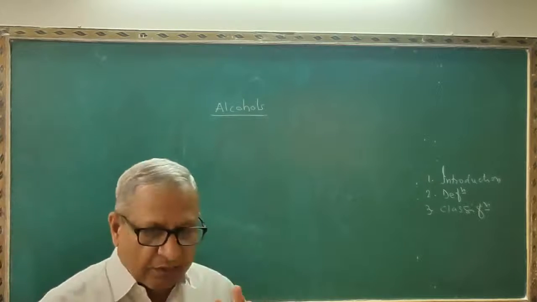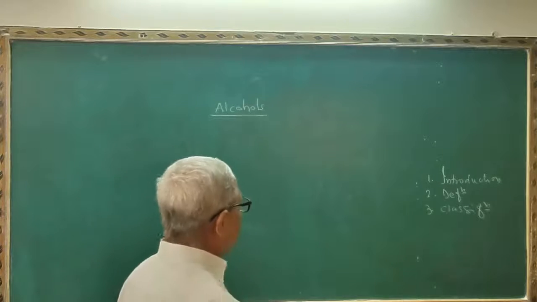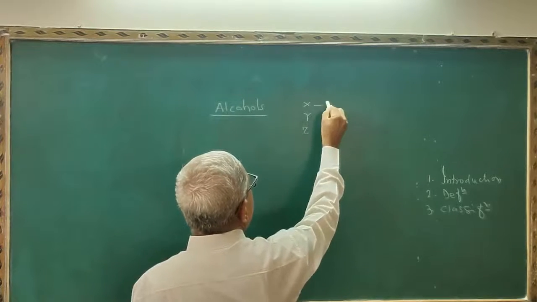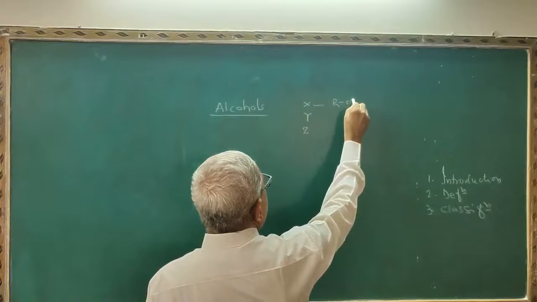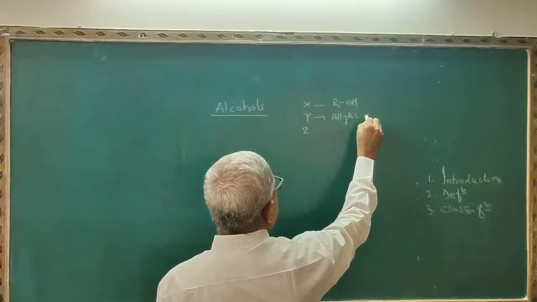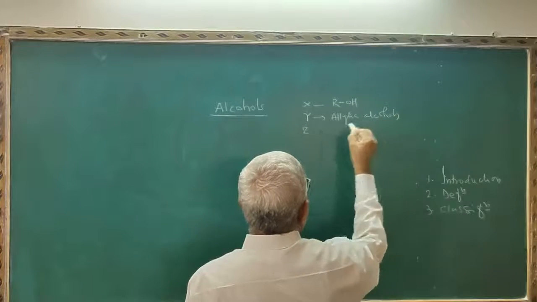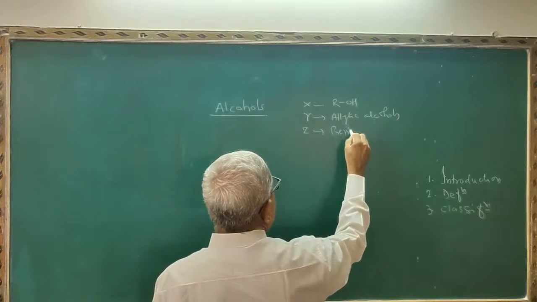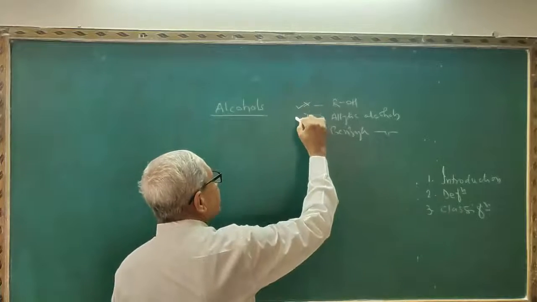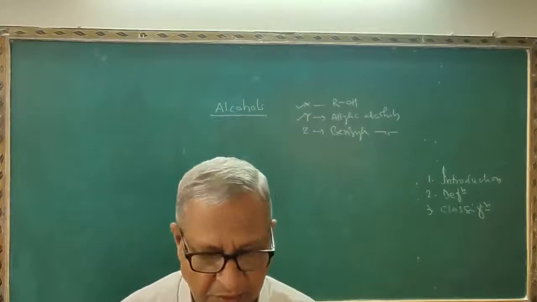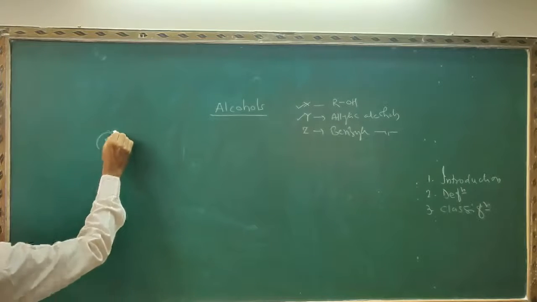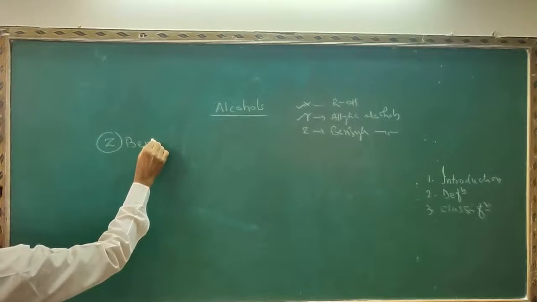In sp3 carbon atoms, we will make three parts, that is X, Y, and Z. X part is aliphatic alcohols, Y part is allylic alcohols, and Z part is benzylic alcohols. Yesterday we completed parts X and Y. Today we are going to start the Z part, that is benzylic alcohols.